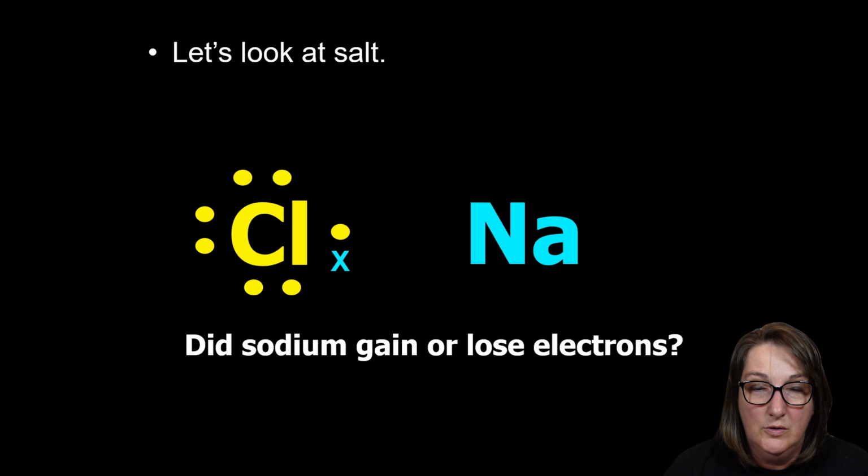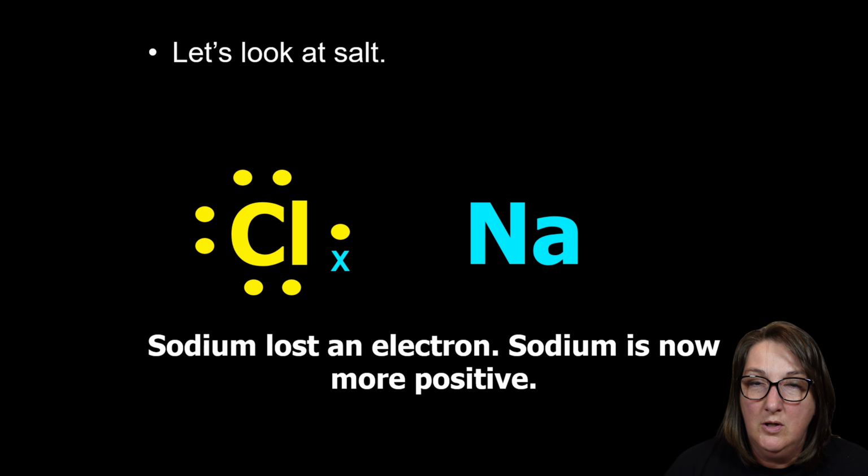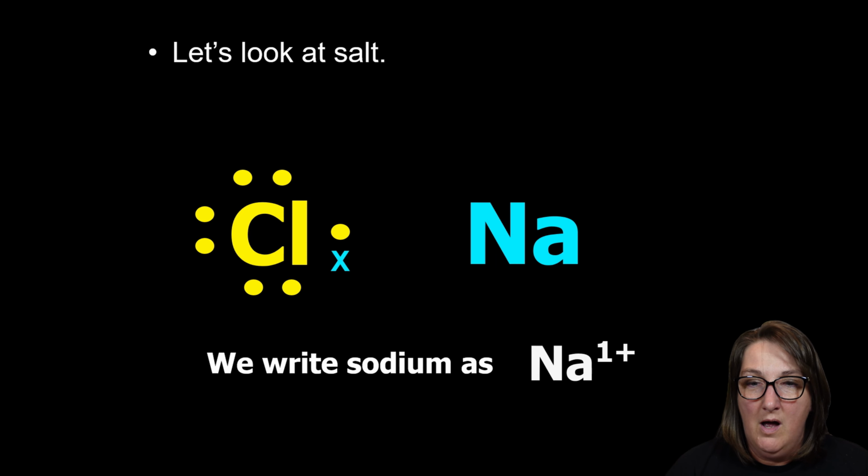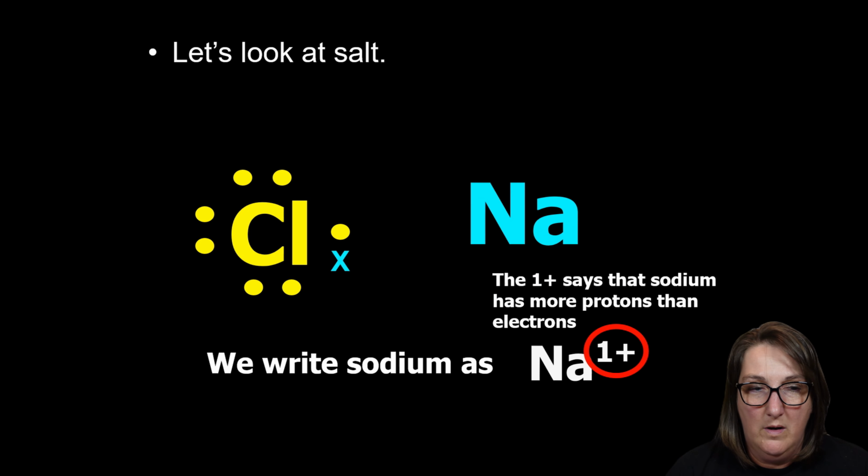Did it gain or lose? Sodium lost an electron, so sodium's now more positive. So I'm going to be more positive by 1, and I can get rid of this 1 and just do a plus if I wanted to. So now this is saying I have 1 more proton, or I have 1 less electron than protons.